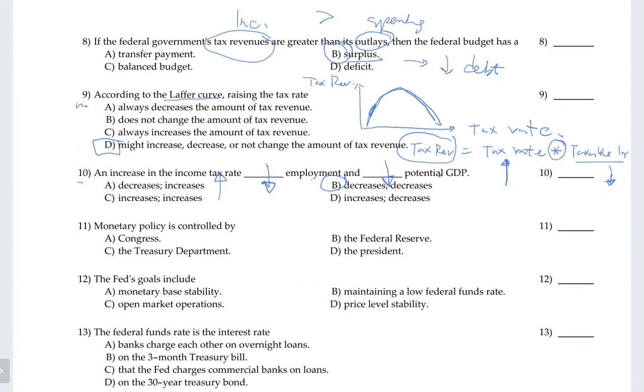Okay. Now, 11, monetary policy is controlled by... the answer is B, the Federal Reserve, or in general controlled by the central bank. Okay, and the central bank is independent.